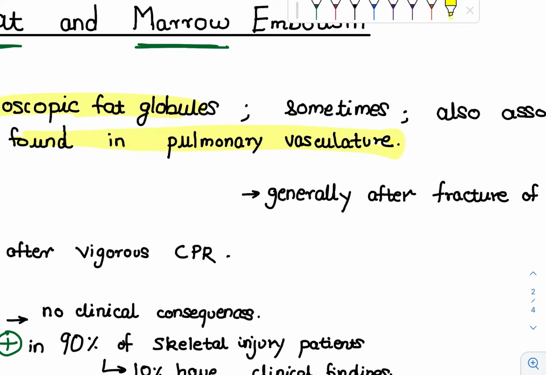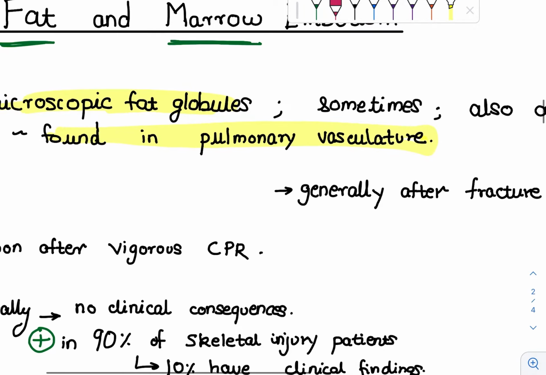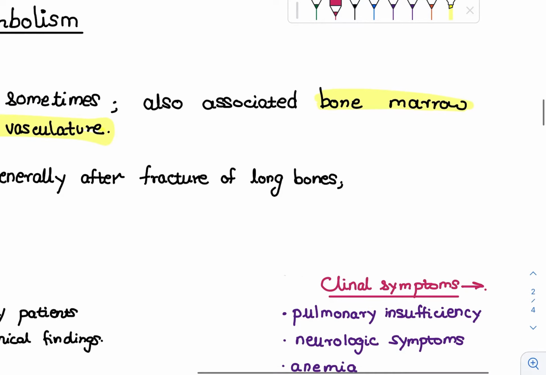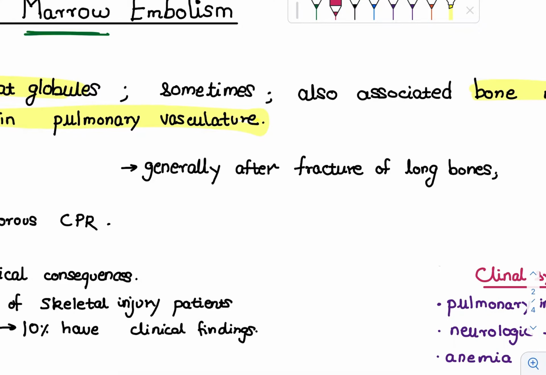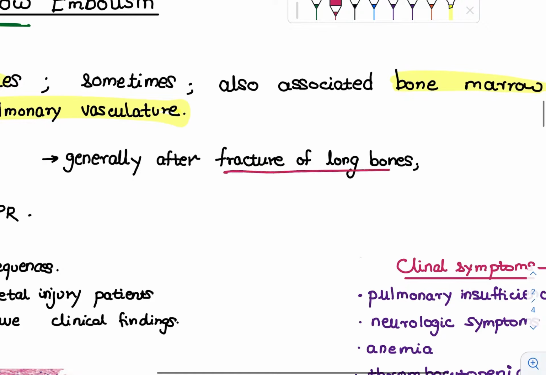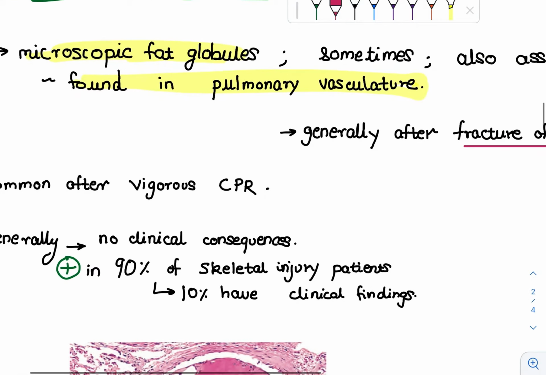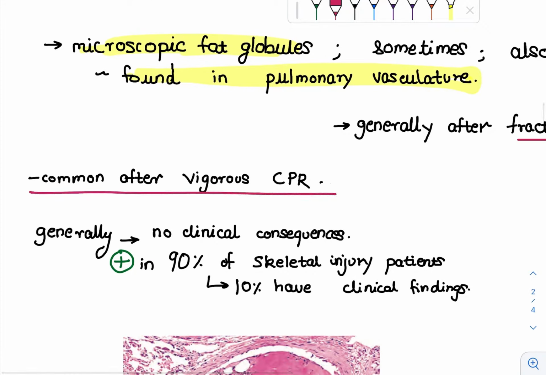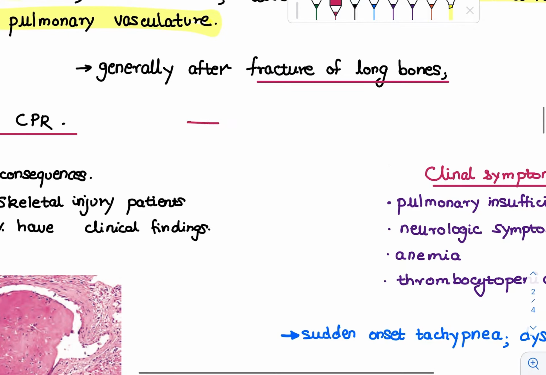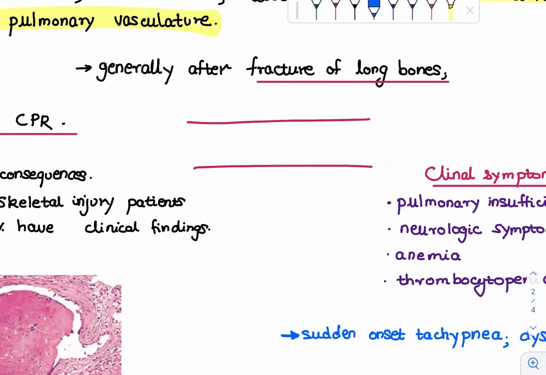vasculature. So, why do these fat and hematopoietic stem cells and bone marrow form? It is generally because of the fracture of long bones or after vigorous cardiopulmonary resuscitation, in which there are chances of fracture of ribs. If we see a bone, it has some blood vessels and bone marrow inside it.